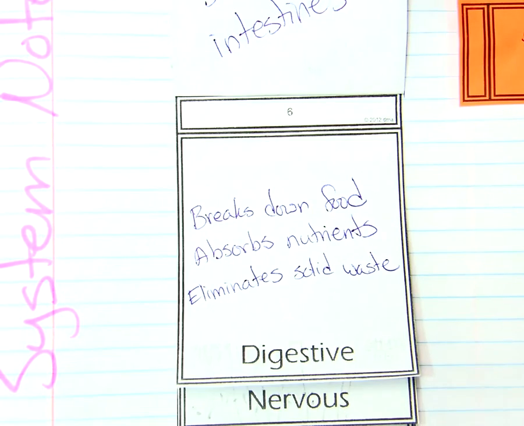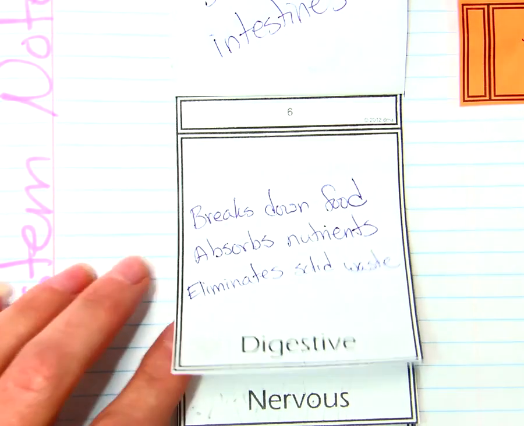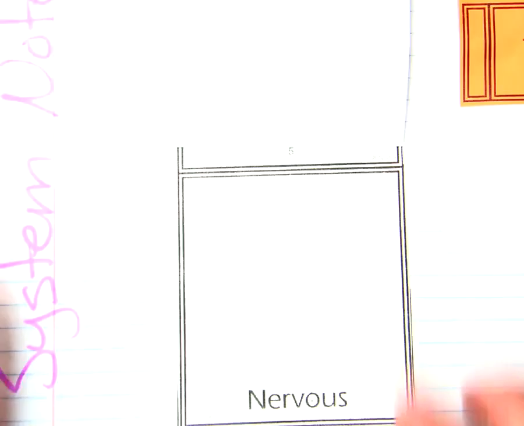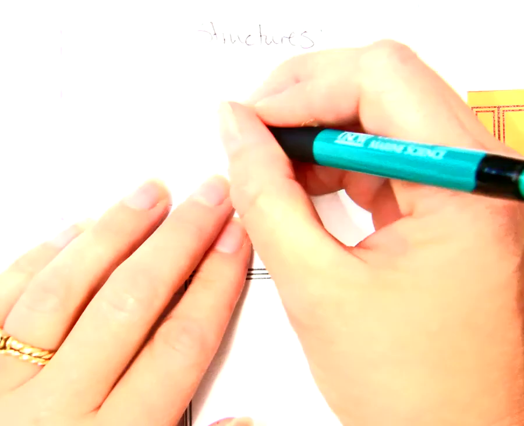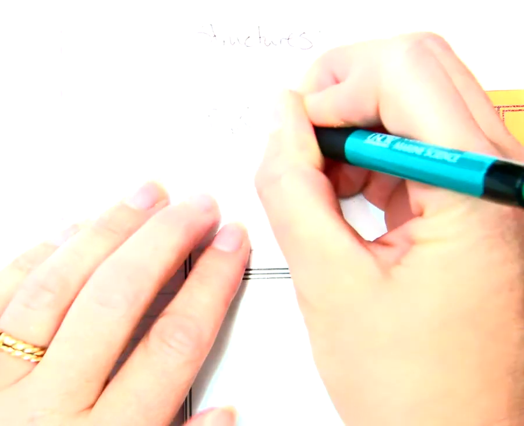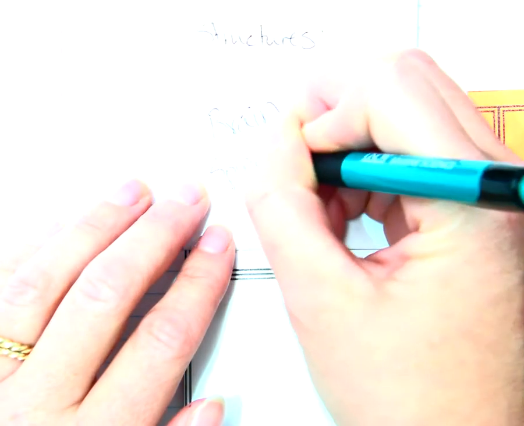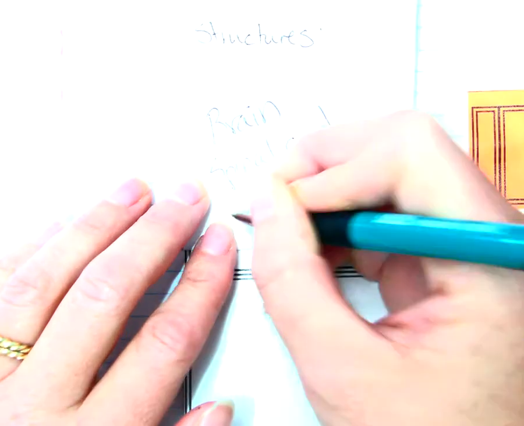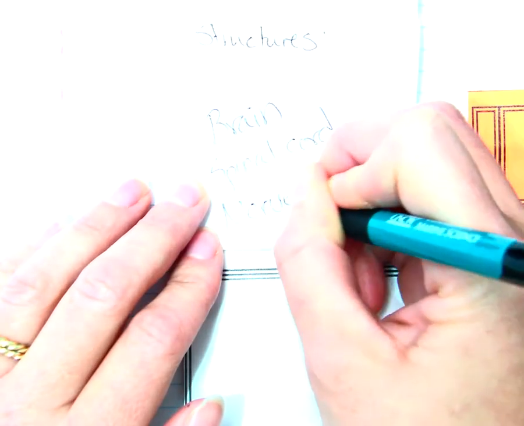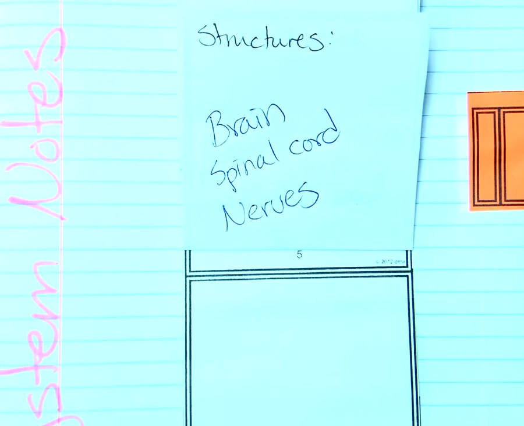So next system will be the nervous system. Its structures include brain, spinal cord, and all of your other nerves.